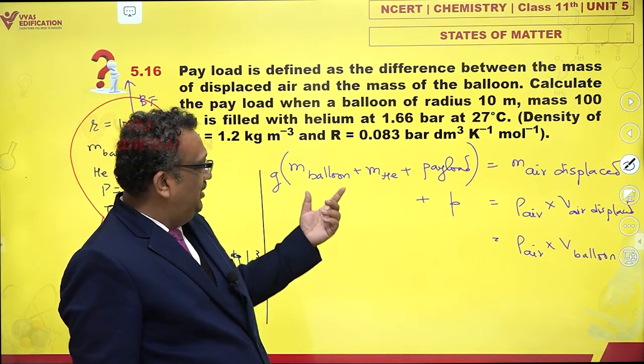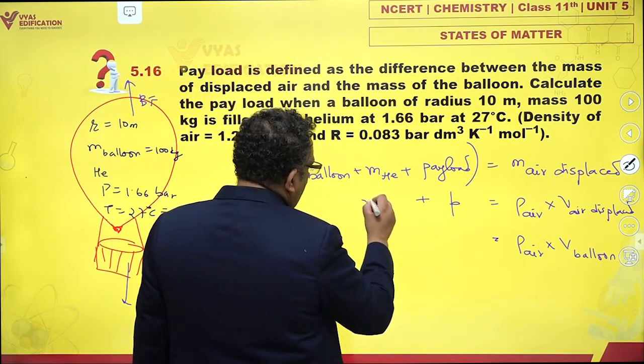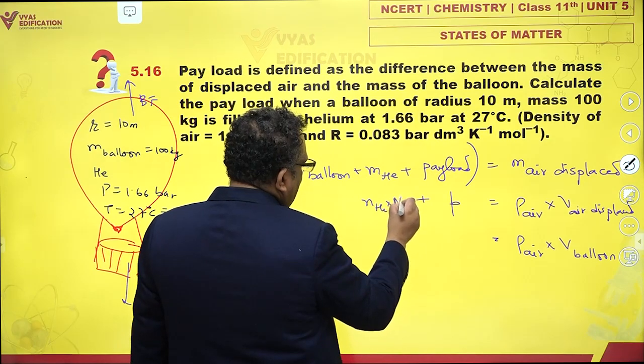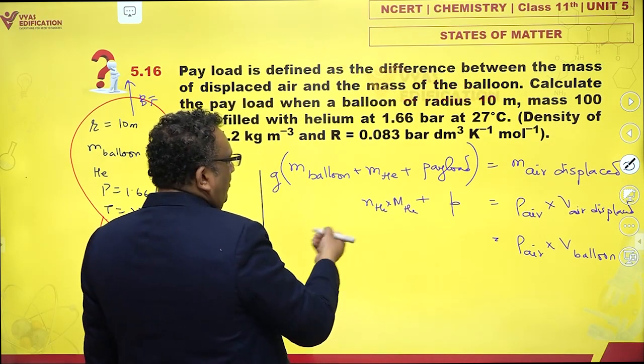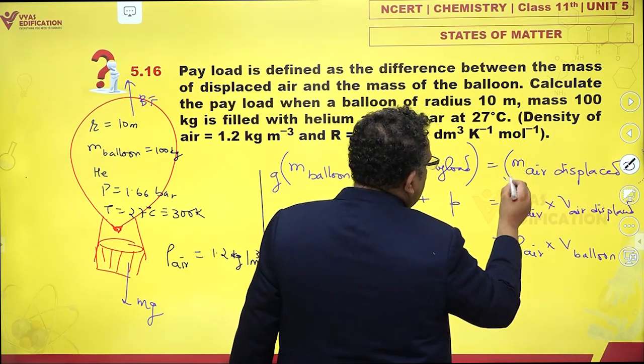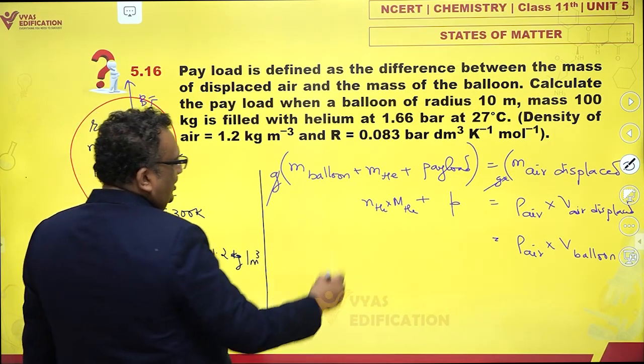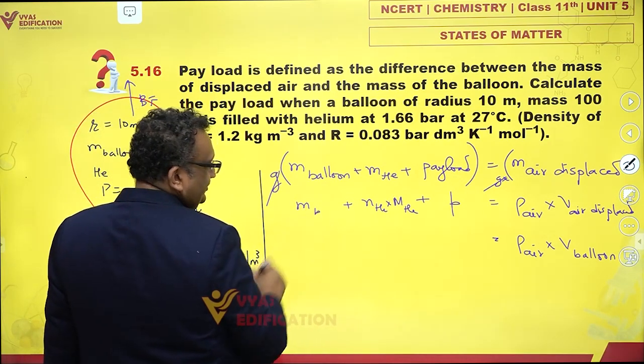How much is mass of helium? Mass is moles multiplied by molar mass. Moles of helium into molar mass of helium, which is 4. Mass of balloon is given to me. Of course, force is this much into gravity. Gravity will cancel away, so we don't need that in the next step. Plus mass of balloon.